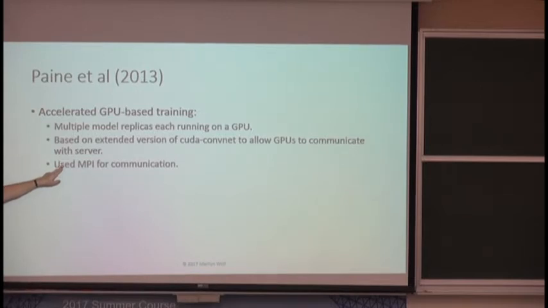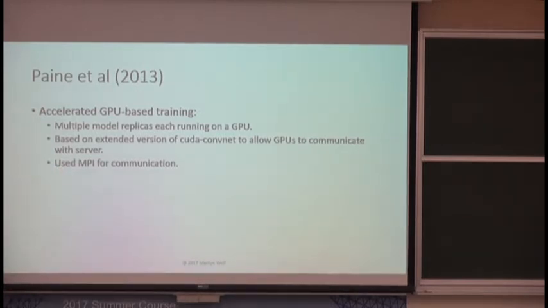And they used MPI in order to do that. MPI is a well-known parallel programming model. Right? So they have this nice programming model that's controlling a whole bunch of GPUs, sort of similar to what we saw in the last slide. They're running a lot of replicas on this range of GPUs.